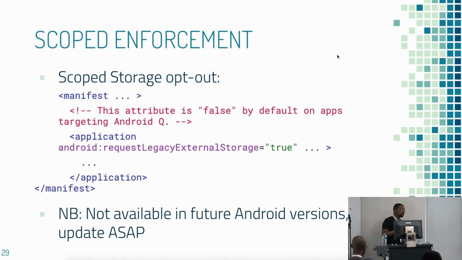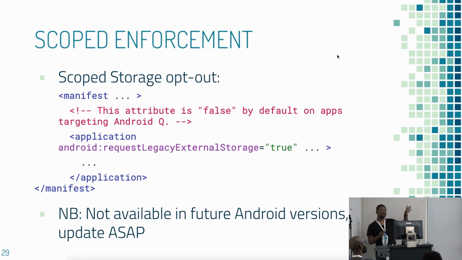So the scoped enforcement. If you then decide that, you know what, this is too much, I don't want to use scope storage right now. In fact, there was an issue with regards to the testing. During the beta process, there were users who complained and said, we do not want scope storage at all, we do not like it.